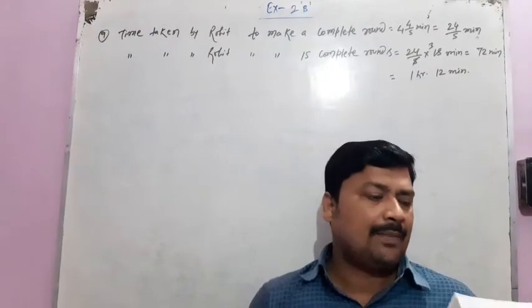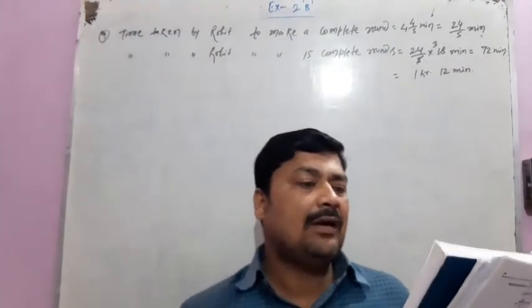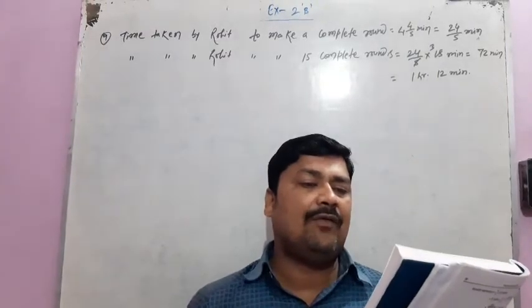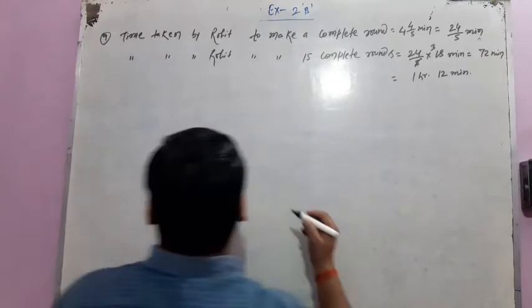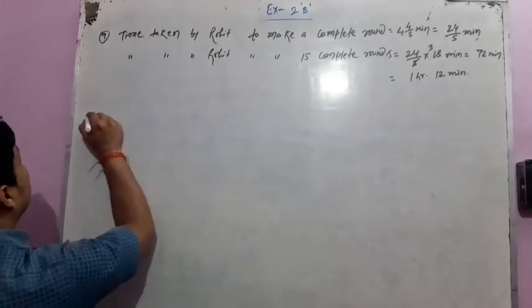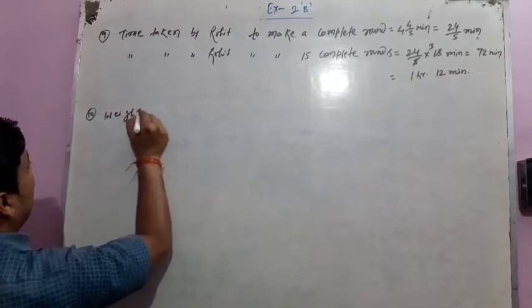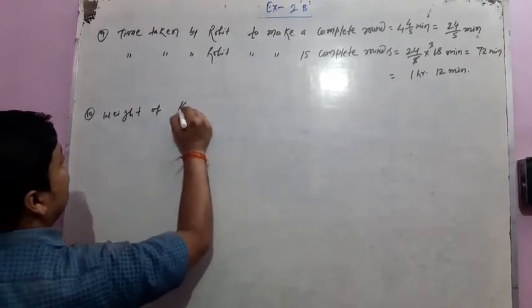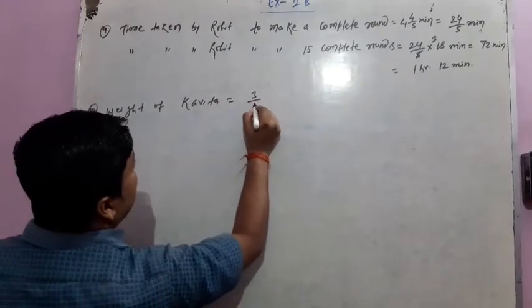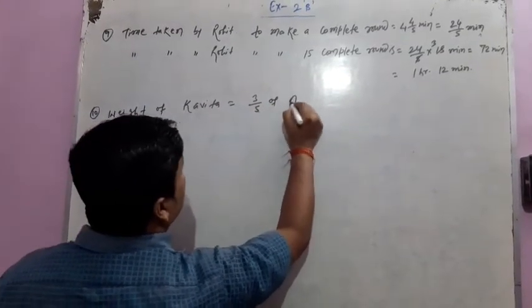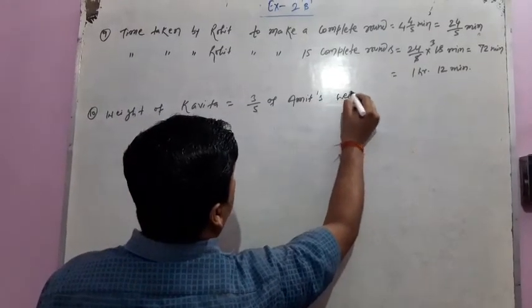Now question number 11. Amit weighs 35 kg. His sister Kavita weighs 3 by 5 of Amit's weight. How much does Kavita weigh? Weight of Kavita, that is 3 by 5 of Amit's weight.